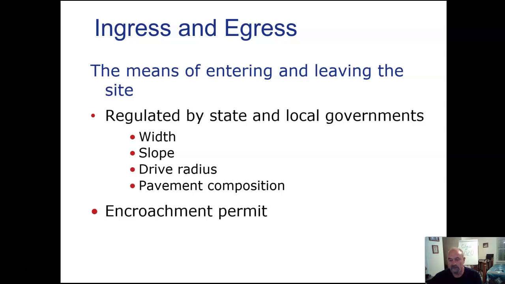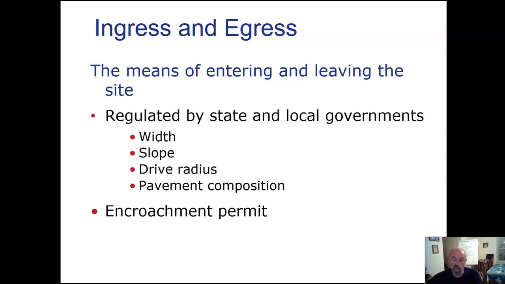State and local governments regulate access to public roadways and often reinforce restrictions on the width, slope, radius, and pavement composition of the access road. Regulations can also require a commitment to perform alterations to the public road, such as adding turning lanes, street lights, and pavement markings, before access roads can even be built.